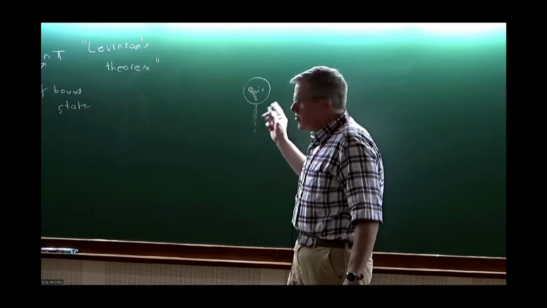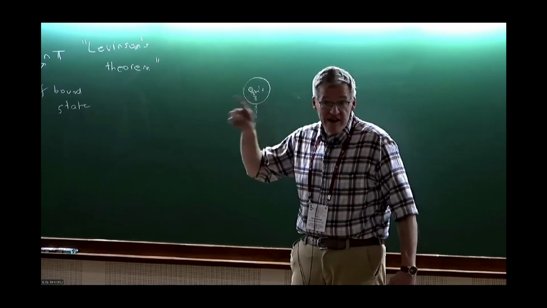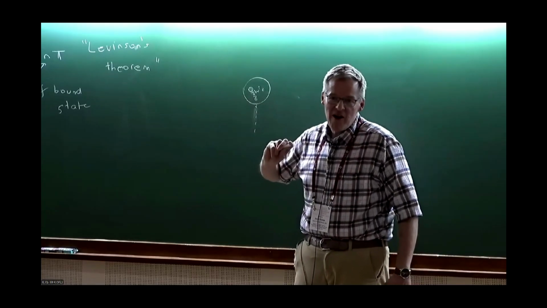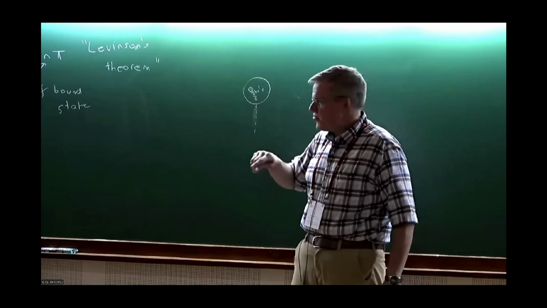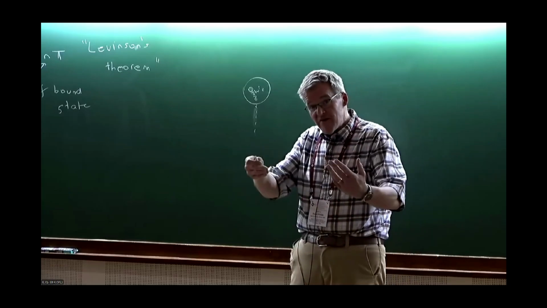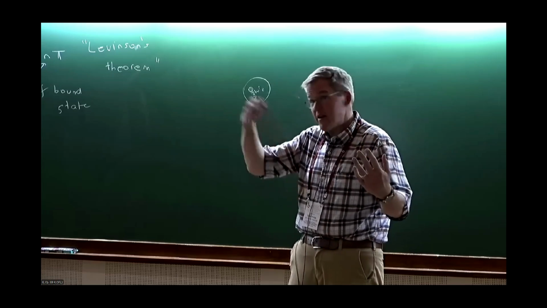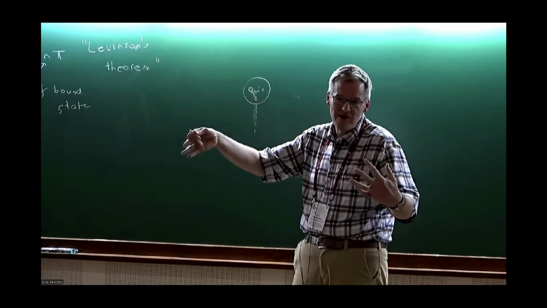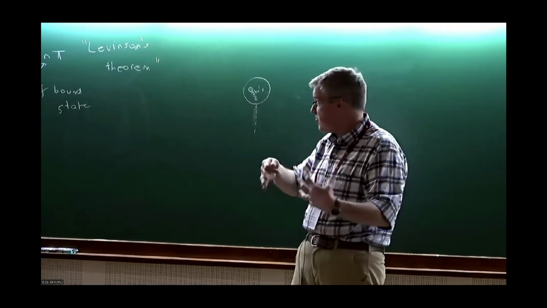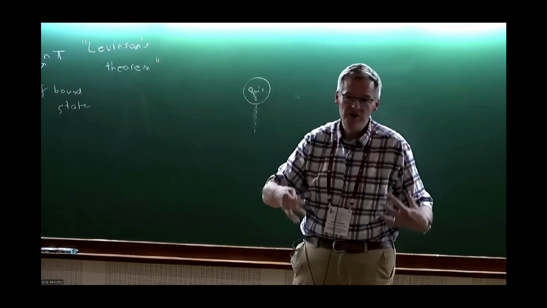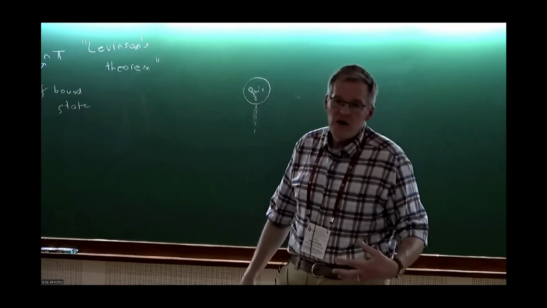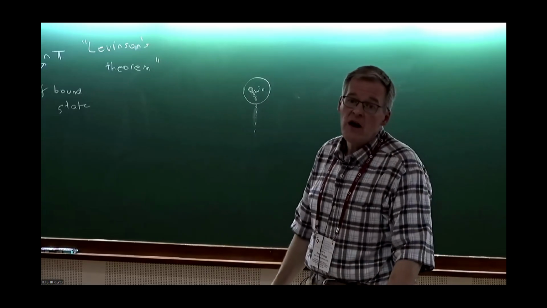So if you want to study this, you have to write down operators that violate parity, but the one thing you're going to have to decide is if you're interested in parity violating, time reversal conserving operators, in which case you have to make sure that you break the symmetry in the same way you're interested in.